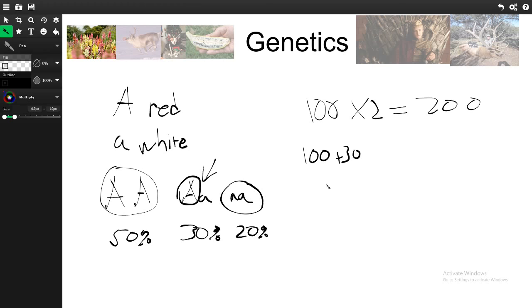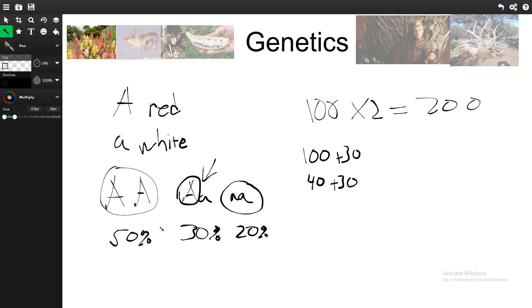And then of course solving for little a, since 20 flowers would have little a, we could say that there would be 40 little a's coming from the homozygotes for the white, and then 30 as well coming from the heterozygotes.